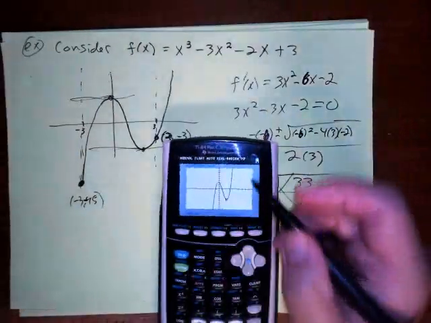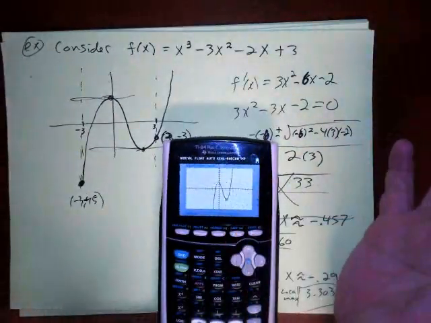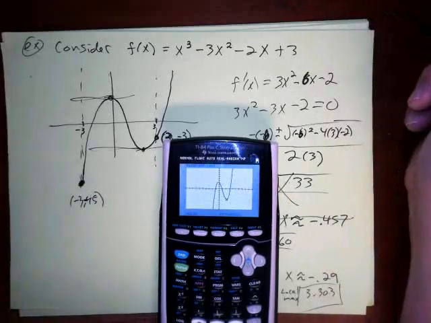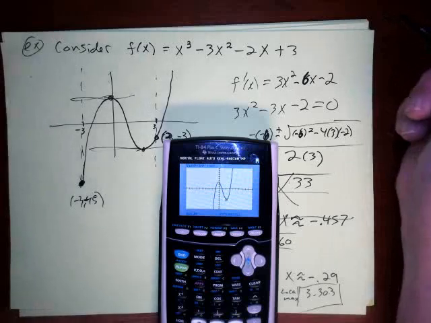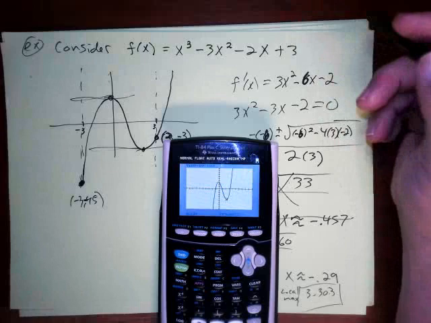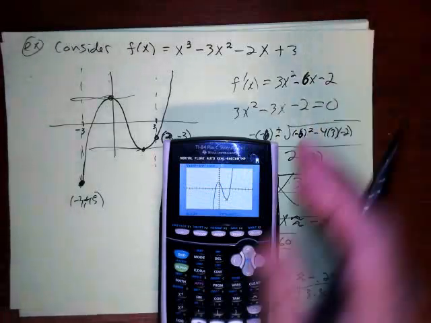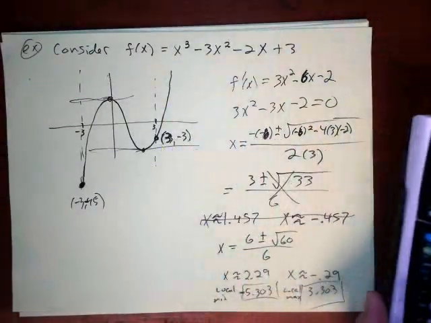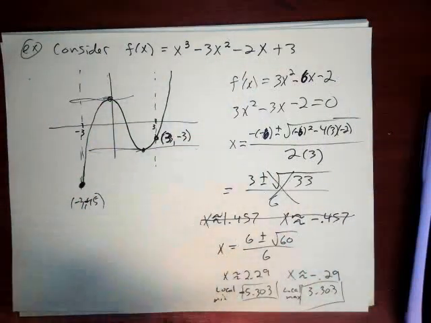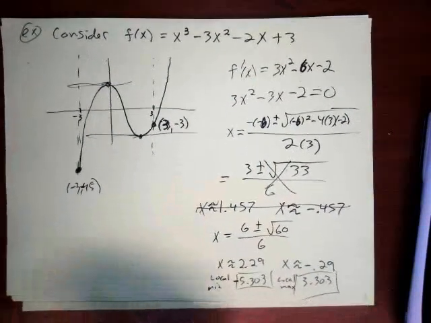Right now, you can use your graphing calculator to check. But later on in the chapter, we're going to learn something called the first derivative test and the second derivative test. And there are techniques that you can use to determine whether or not the critical point is a min or a max. Okay? So that's the thing behind the relative min or max.